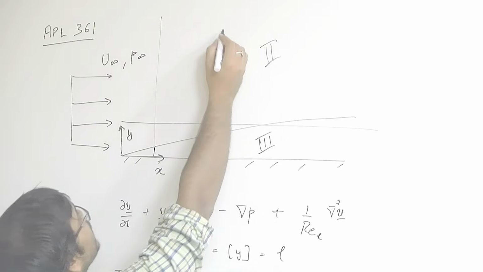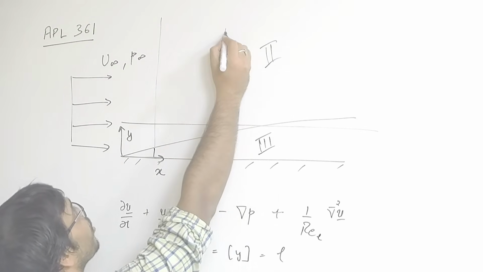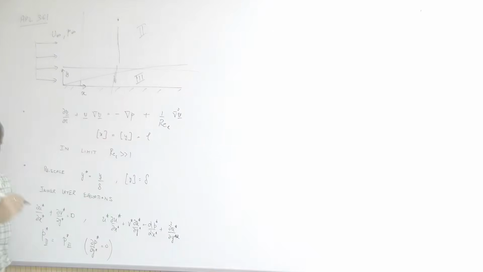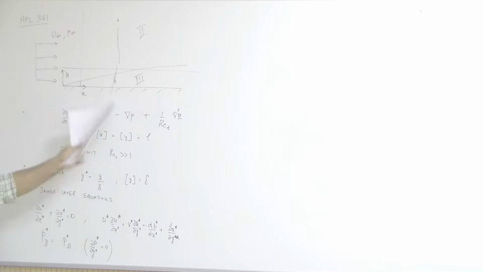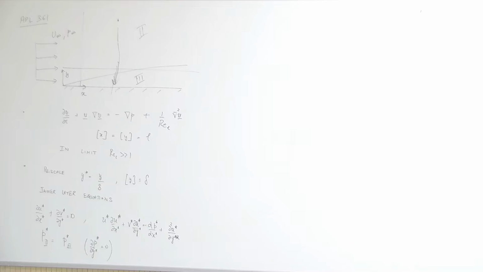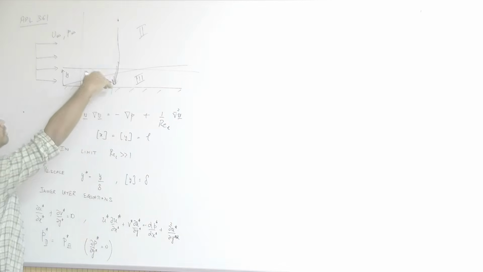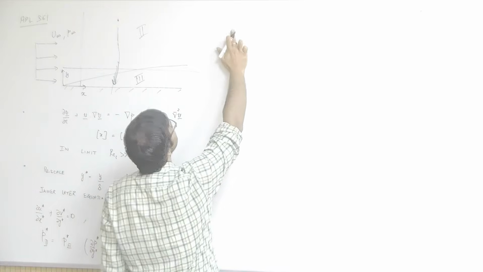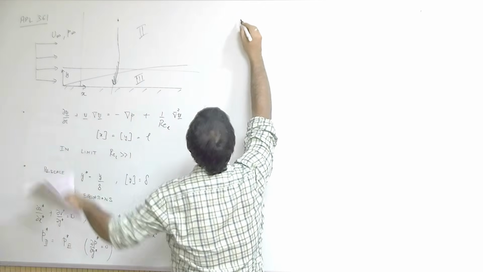So for a given x location, if you go from y in region 2 to y in region 3, if you come downwards, close to the wall, then you will see no change in pressure as you move from 2 to 3. So within the boundary layer, the pressure is constant in y direction, could be changing in x, and we said that that change in x we derive from the outer layer equations.